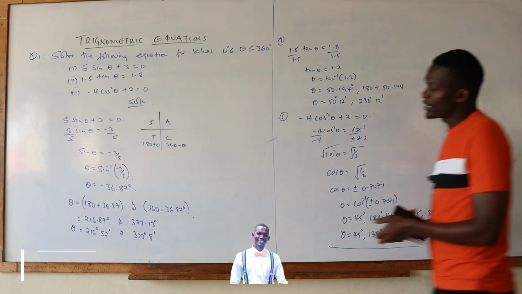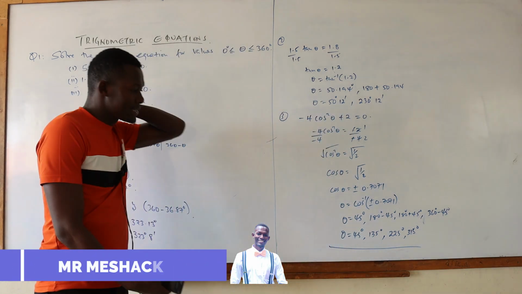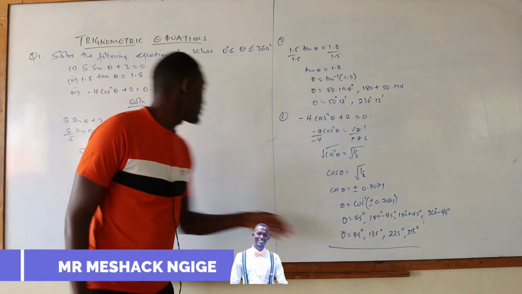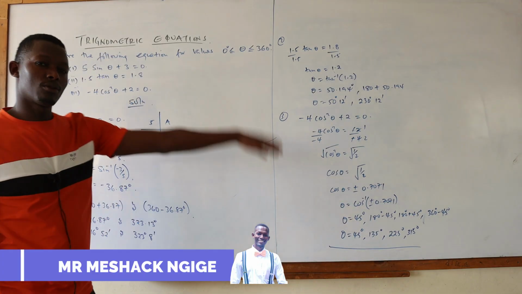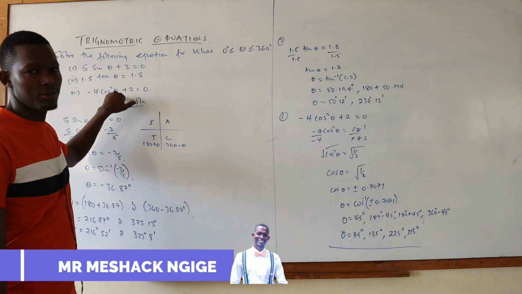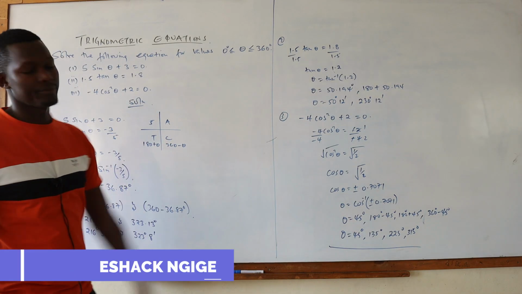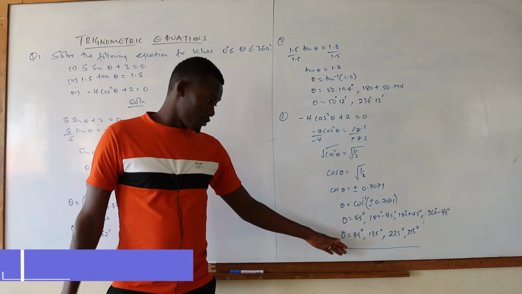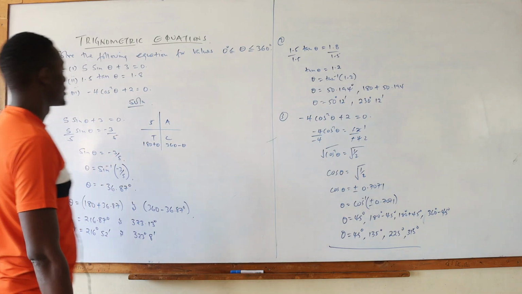And remember, for any equation, if you take the answer, if you take 45 and replace it in this equation, the answer should always give you 0. If you take 135, replace it as the value here, it gives you 0. If you take 225, replace the value here, the answer gives you what? It gives you a 0. So that is how you solve.